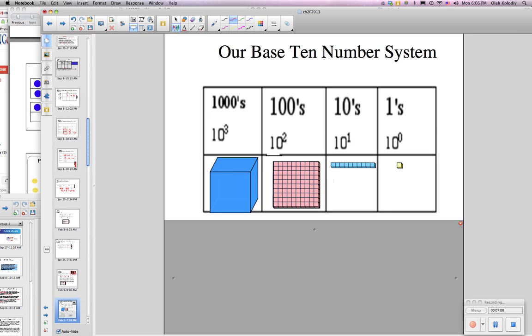And of course, in our base 10 number system, the place values are multiples of 10. So this first digit tells you how many ones there are. The next digit tells you how many tens there are. The next digit tells you how many 100s there are. And the next digit will tell you how many 1000s there are.